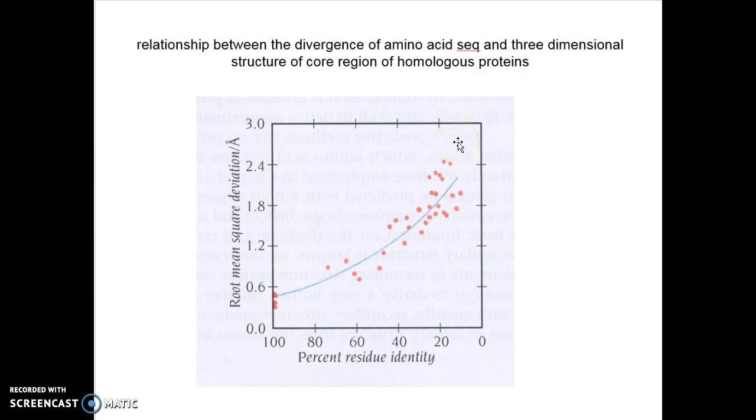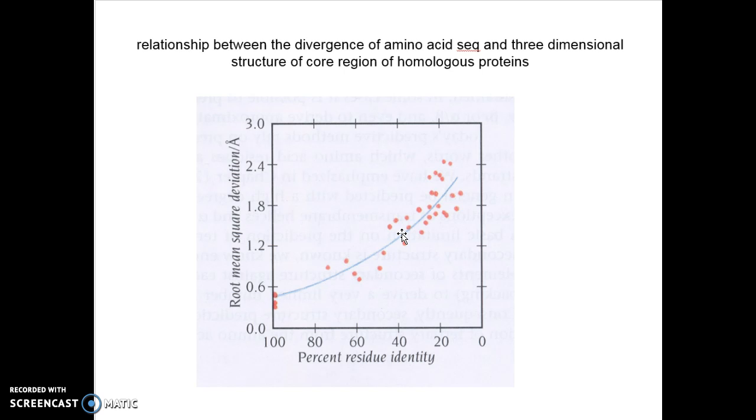The difference in main chain atoms of the core regions is plotted as a function of amino acid homology on the x-axis. The curve represents the best fit of the real data dots to an exponential function.